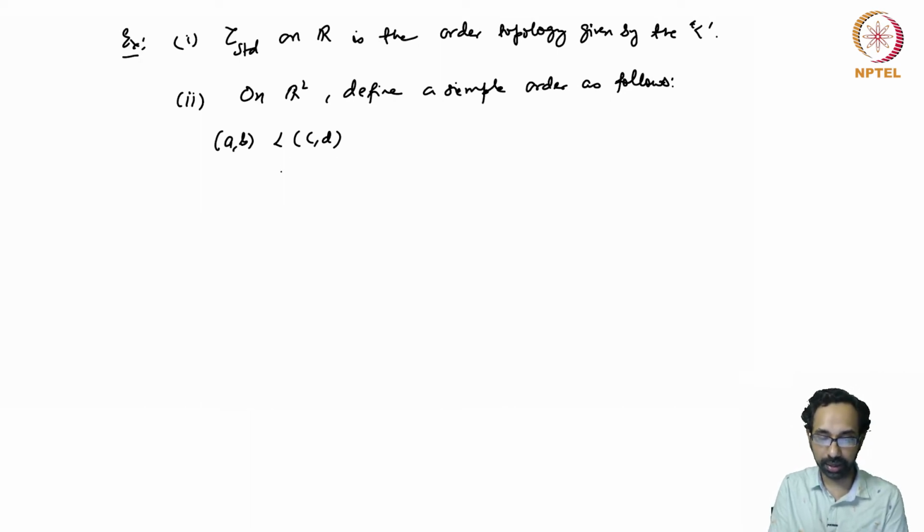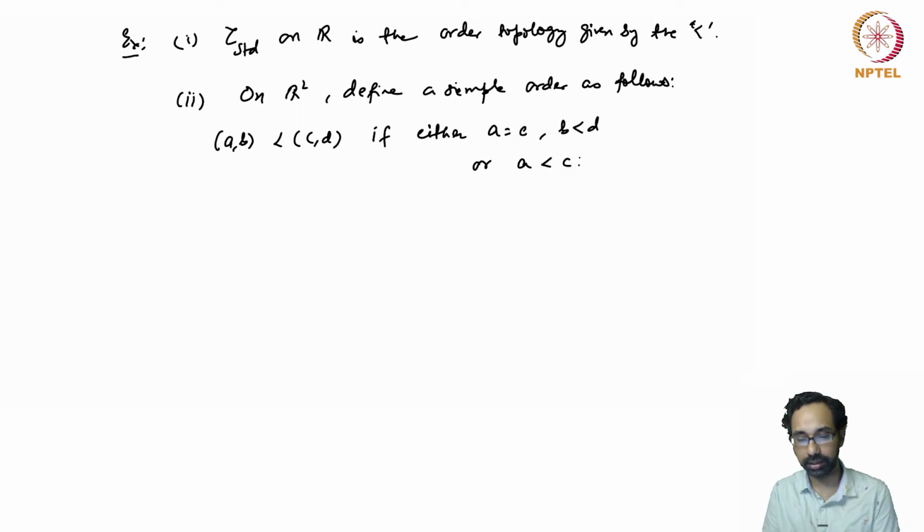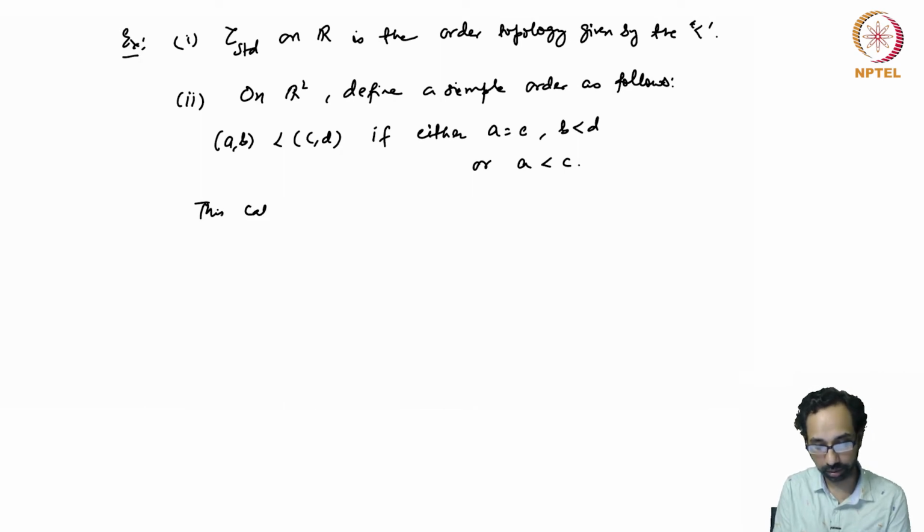So (a, b) < (c, d) if either a equals c and b is less than d, or a is less than c. So this is called the dictionary order or lexicographic order on R2.